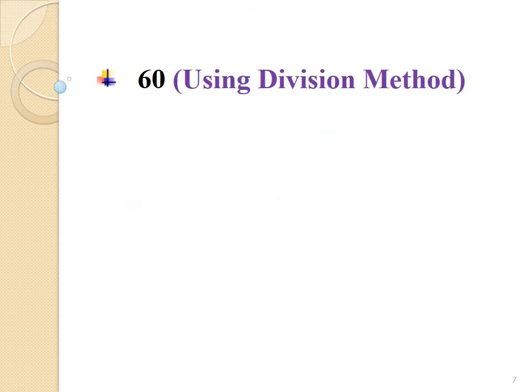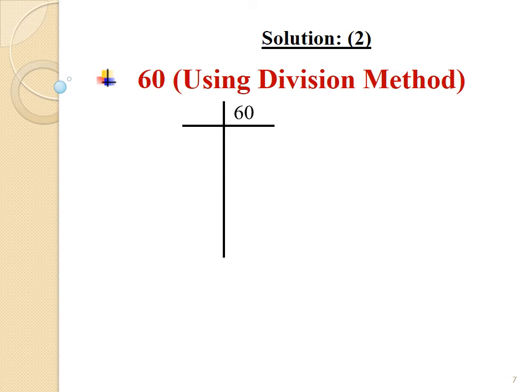Now, sum number 2 by division method. Students, let us solve sum number 2 by keeping in mind the test of divisibility. Dividing 60 by 2, we get 30. Now, dividing 30 by 2, we get 15.